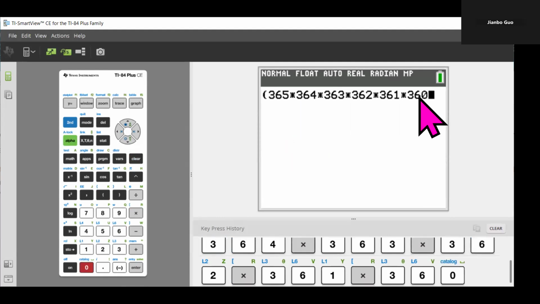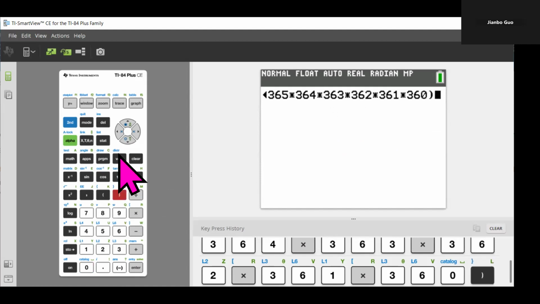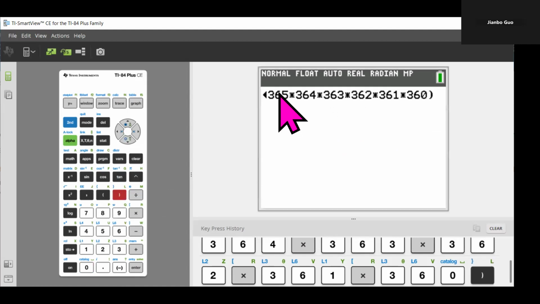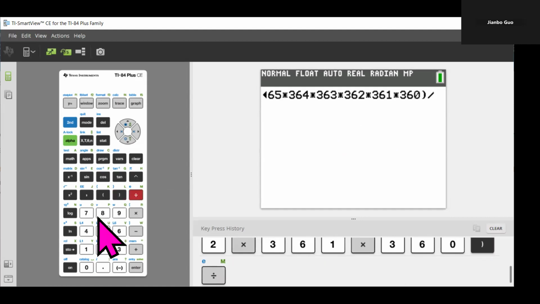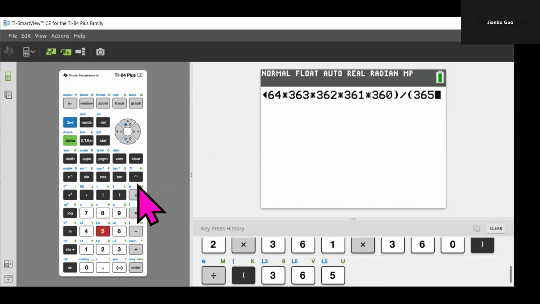Basically, it is a permutation of the 6 people in the 365 days of the year. And then divide that by 365 to the power of 6.